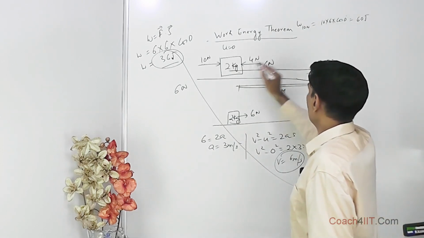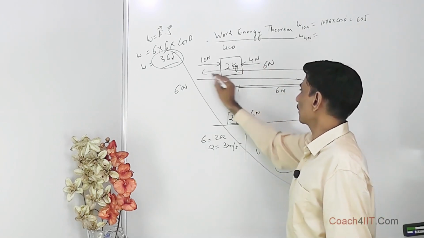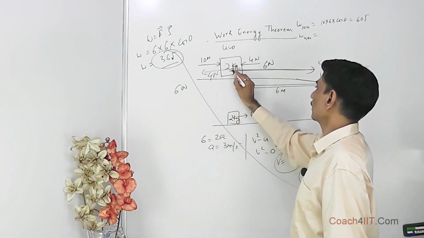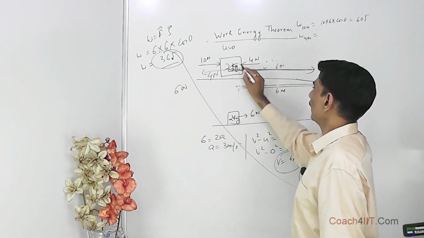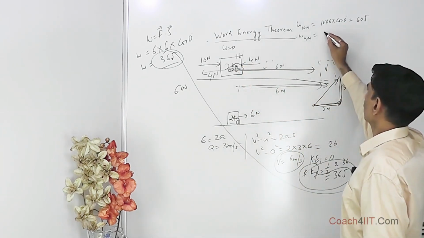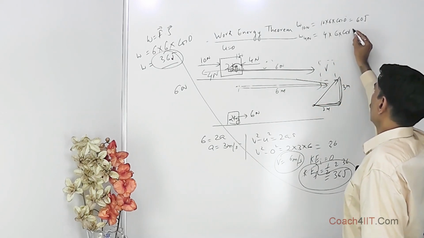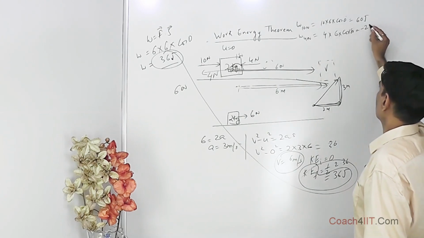Now the work of the 4 Newton force: 4 Newton is in this direction, and the 6 meter displacement is in the opposite direction. So the angle between the two is 180 degrees. The work of the 4 Newton force is 6 into 4 into cos 180 degree. Cos 180 is minus 1, so that is minus 24 joule.